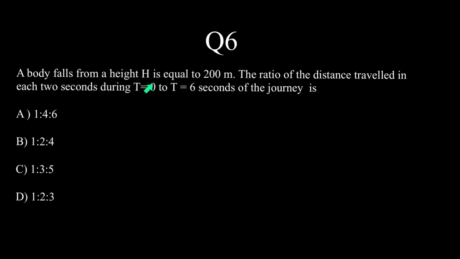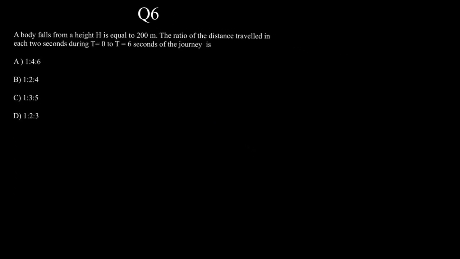A body falls from height h is equal to 200 meters. The ratio of the distance travelled in each 2 seconds during t is equal to 0 to t is equal to 6 seconds is. So if we try to visualize and understand the question here, the body is dropped from O. In time t is equal to 2 seconds, it reaches A. Okay.